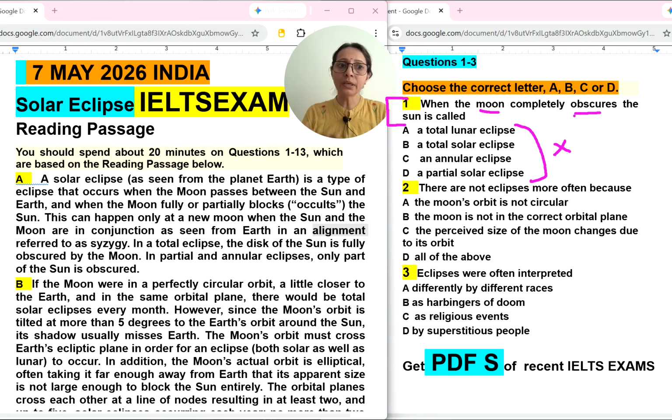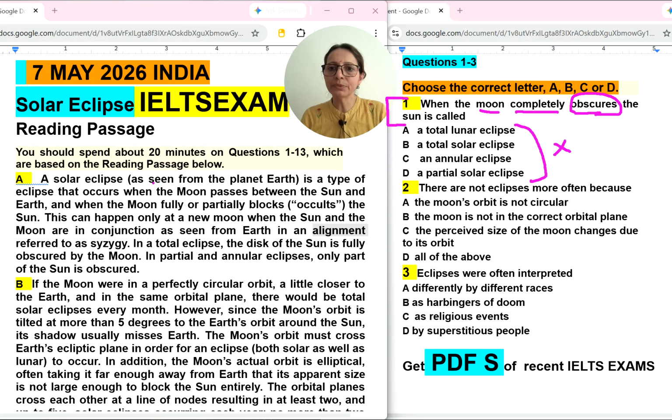You may not get the same word in the reading passage, some synonym may be there, but moon and sun will be there, and completely will be there, but some synonym they may use. So when the moon completely covers the sun, it is called dash. Let's read it from here.